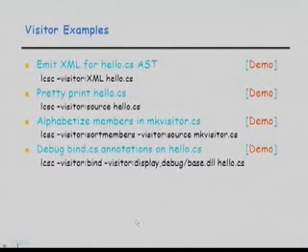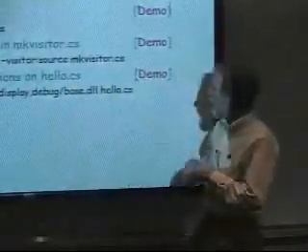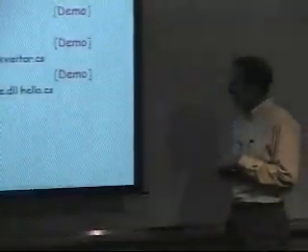Let me pop back to that. I won't bore you more with the alphabetizing pass, but I do want to show you the last one on the slide. Suppose you're trying to debug bind. You're trying to understand my pass bind. Well, one way to do that is to simply run bind, followed by invoking display.